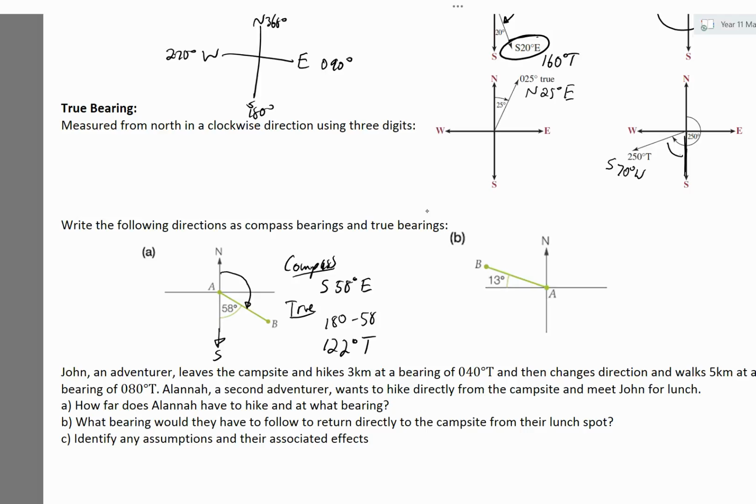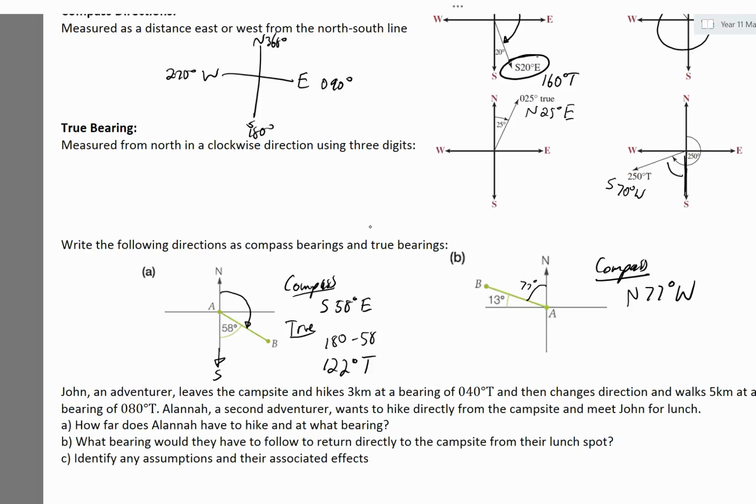Okay, this one over here as the compass bearing. From north, what's this direction here? Well, it's not 13 degrees. I know the whole thing adds to 90. It should be 77 degrees. So as a compass bearing, it's north, 77 degrees west. And as a true bearing, what angle do I go around clockwise from north?